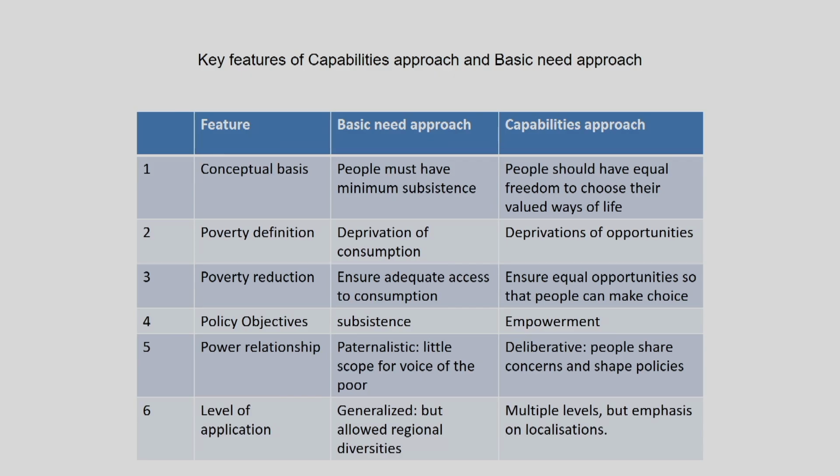In terms of poverty definition, the BNA is looking at deprivation of consumption. So, for example, the BNA would largely be concerned about what is the calorie deficiency of individuals within a household or certain households within a certain community. They are primarily looking at the outcome indicators of households by how much there is a deficiency with regard to consumption.